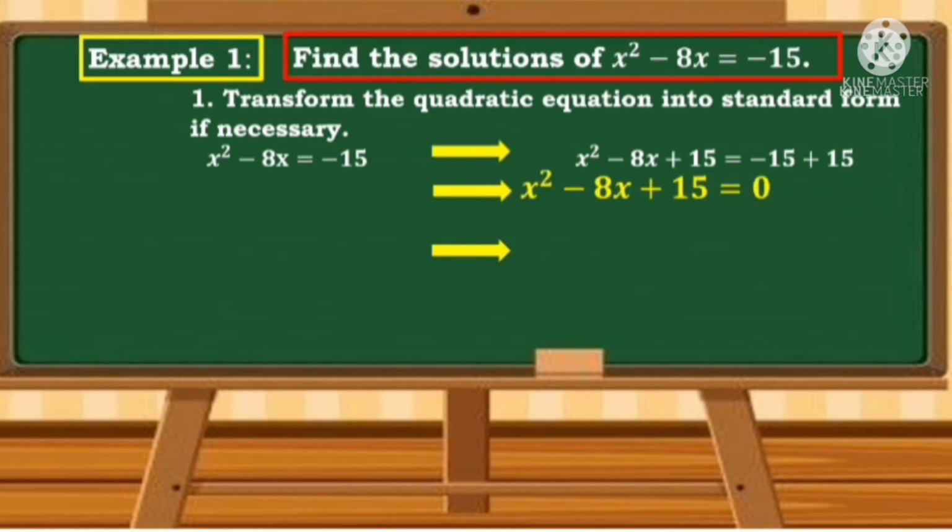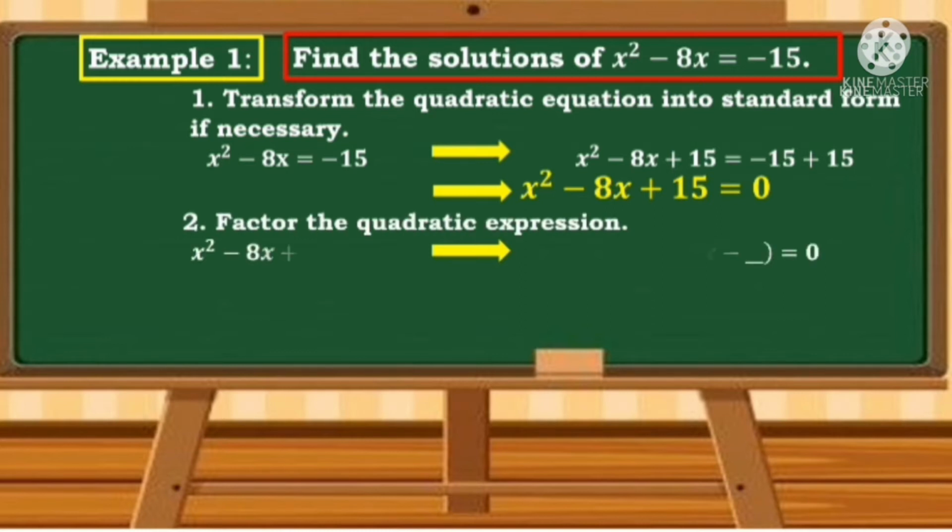Next step, we have to factor the quadratic expression. x squared minus 8x plus 15 equals 0 has two factors. If the sign of the middle term is negative and the last term is positive, the signs of our factors are both negative. So, find the value of b, which is negative 8. Next, get the product of the value of a and the value of c, which is 1 and 15.